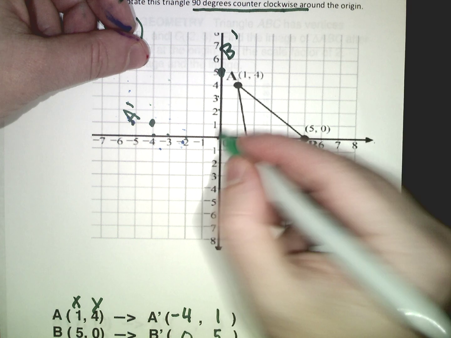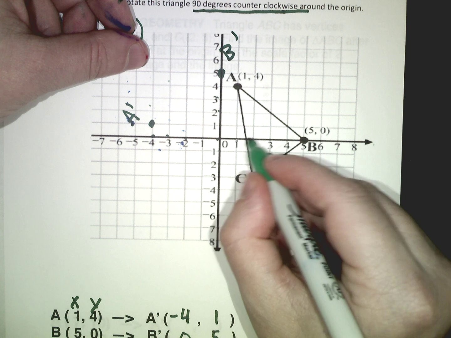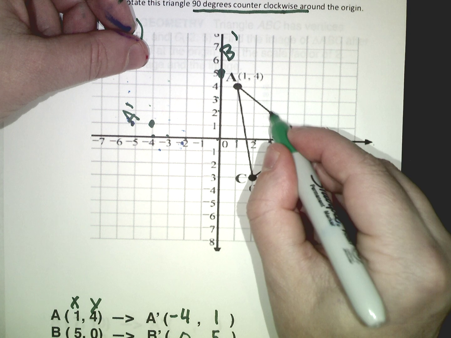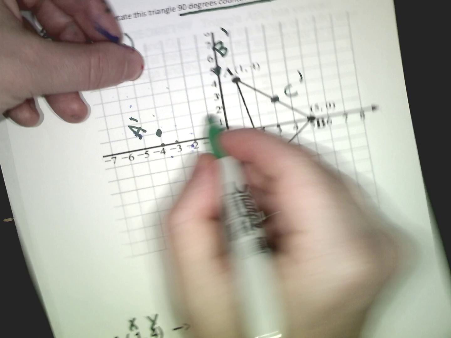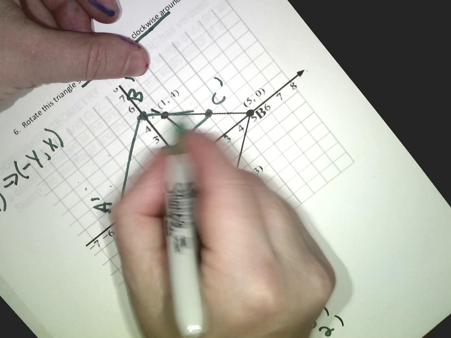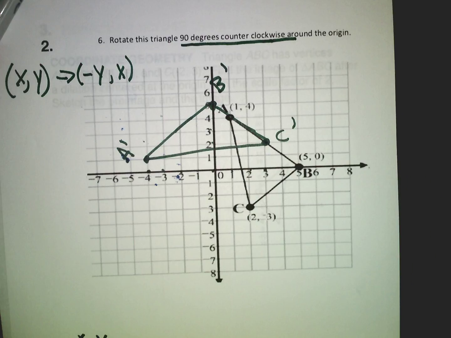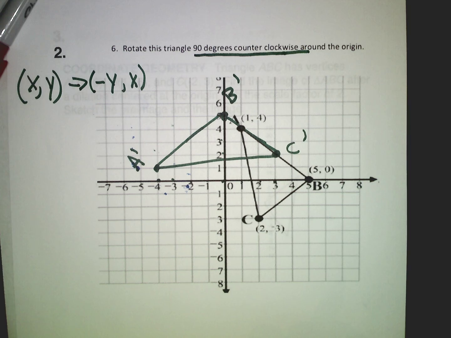And our C is 3, 1, 2, 3, comma 2. So our new A prime, B prime, C prime is just rotated like that. Pretty simple when we do this. It's not that out of control to do this. It's simple.